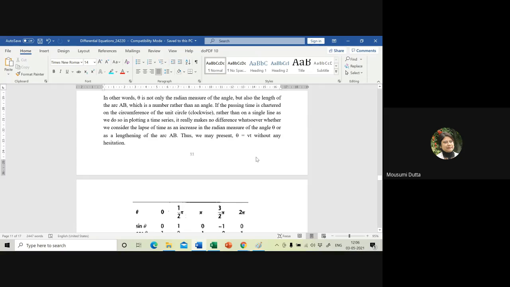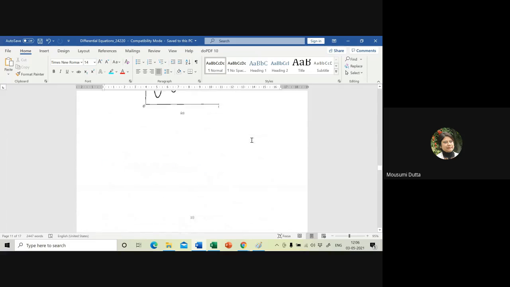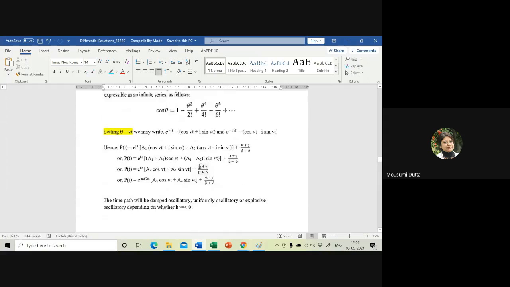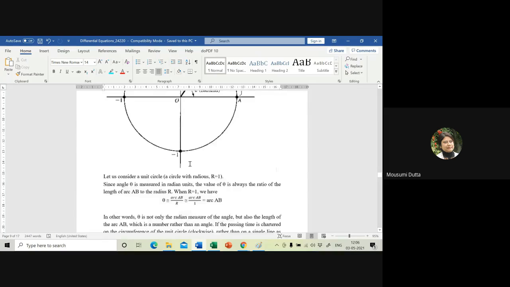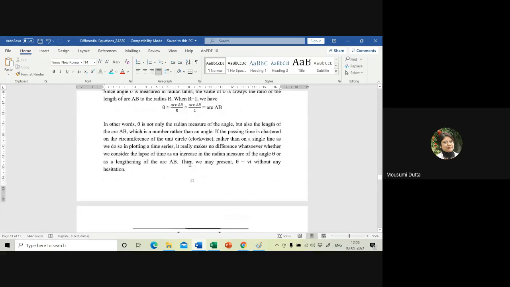I hope we are understanding why from theta we moved to vt and presented the time path in this format. Any question? Next, we will go for the cyclical thing. From the circular movement, we will go towards the cyclical thing. That will be the next part.